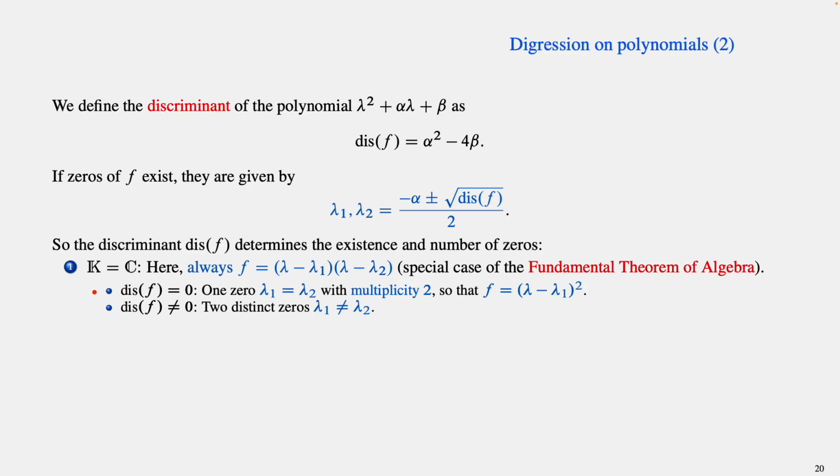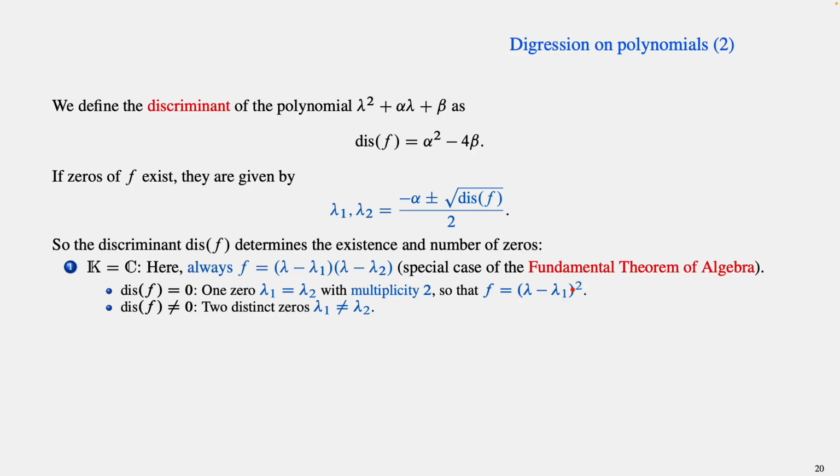Now we have two cases here. Either the discriminant, this part here, is 0. In that case, this bit here vanishes, so we are left with one eigenvalue, lambda 1 equal to lambda 2, and we say that this eigenvalue has multiplicity 2. So that means that f is the product of lambda minus lambda 1 with itself.